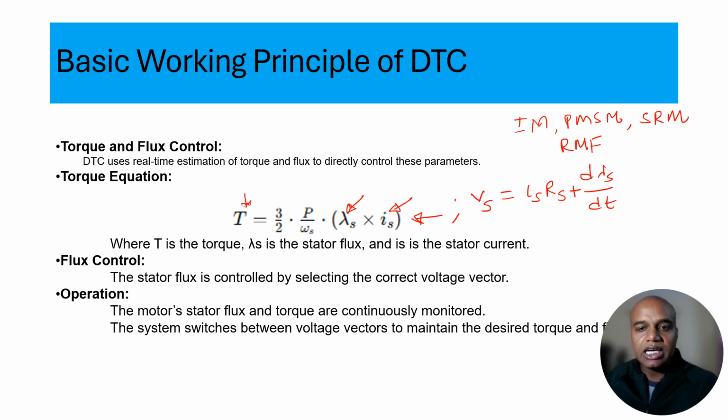Here we can see that the flux, lambda s, depends on the stator voltage, and similarly the torque depends on the stator flux. So by controlling the stator voltage, I can control the flux as well as the torque, which is known as decoupling. The detailed modeling of these AC motors and how the DTC works, we will see in a separate video.